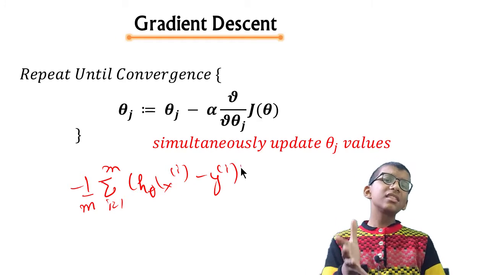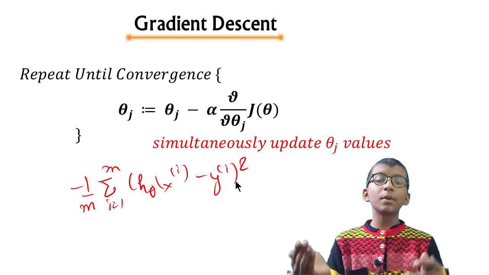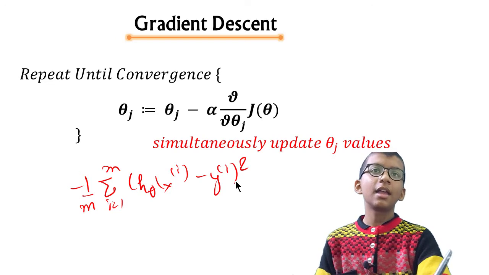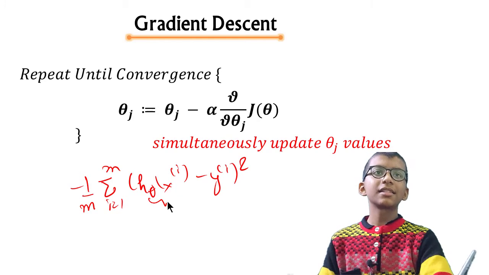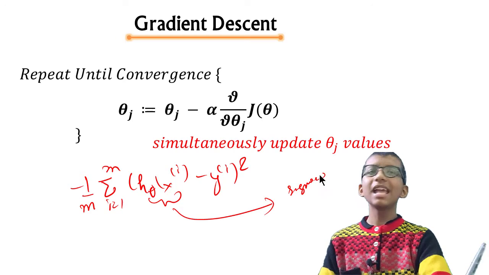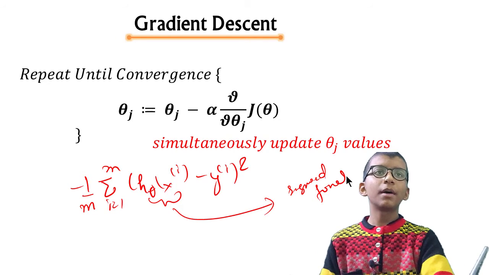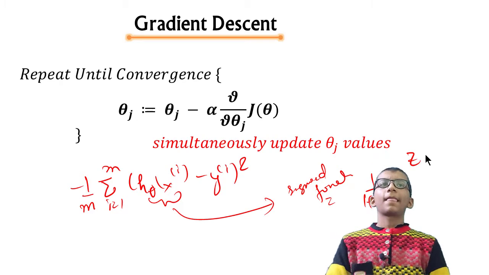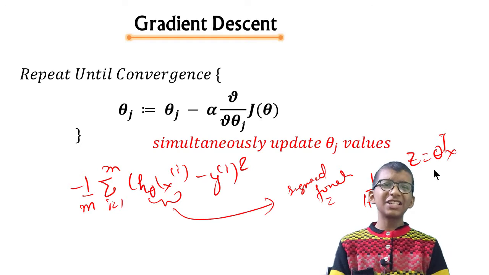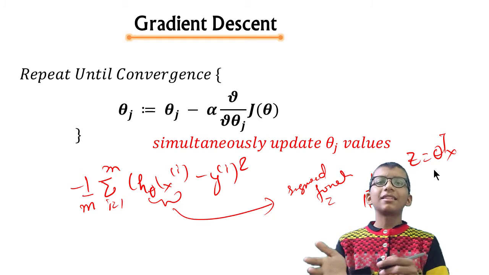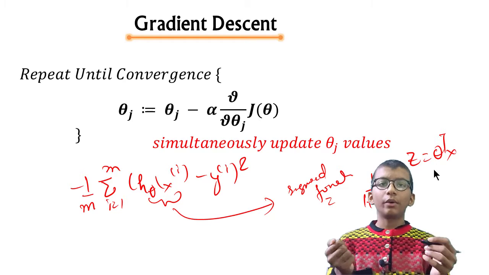And what is the difference? This is the same as linear regression, but the difference is that h of x_i is the sigmoid, or the hypothesis we can say, the sigmoid function. The sigmoid function is nothing but 1 by 1 plus e to the minus z, where z is theta transpose x. This is a very simple thing that you can understand, just this minor thing in logistic regression gradient descent.